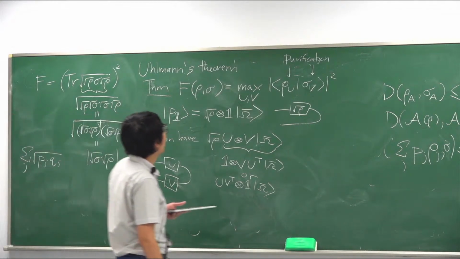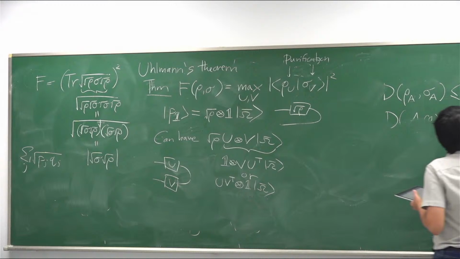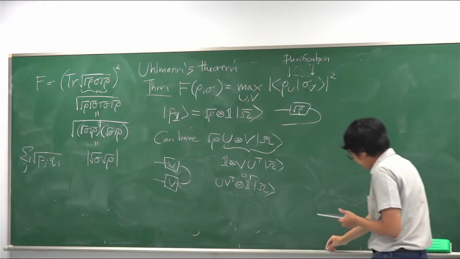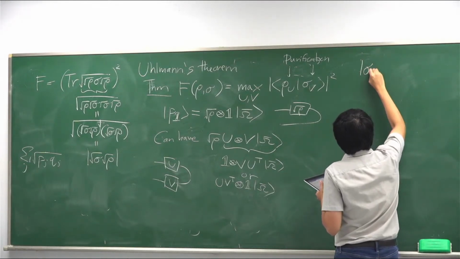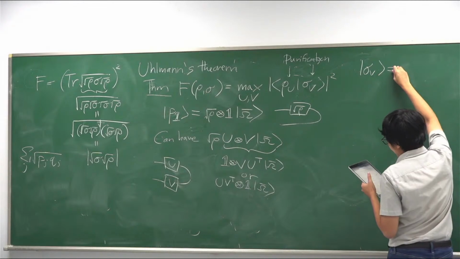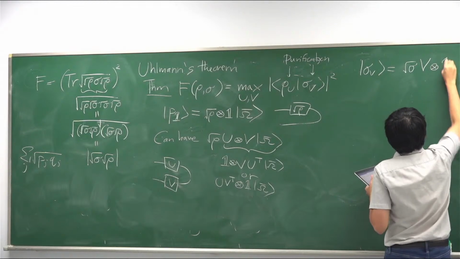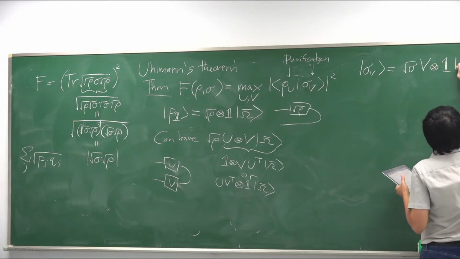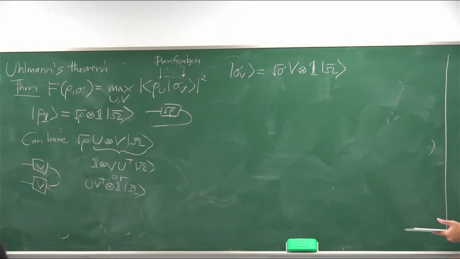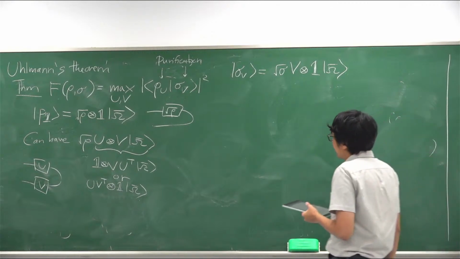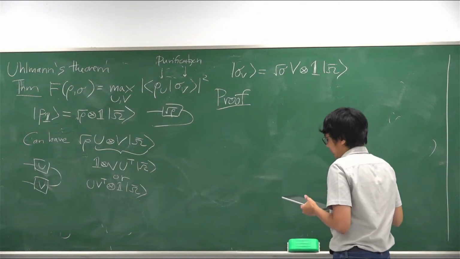So just to fix the convention, this for example would be sigma V applied to the unnormalized state. Okay, so now we can start proving this.